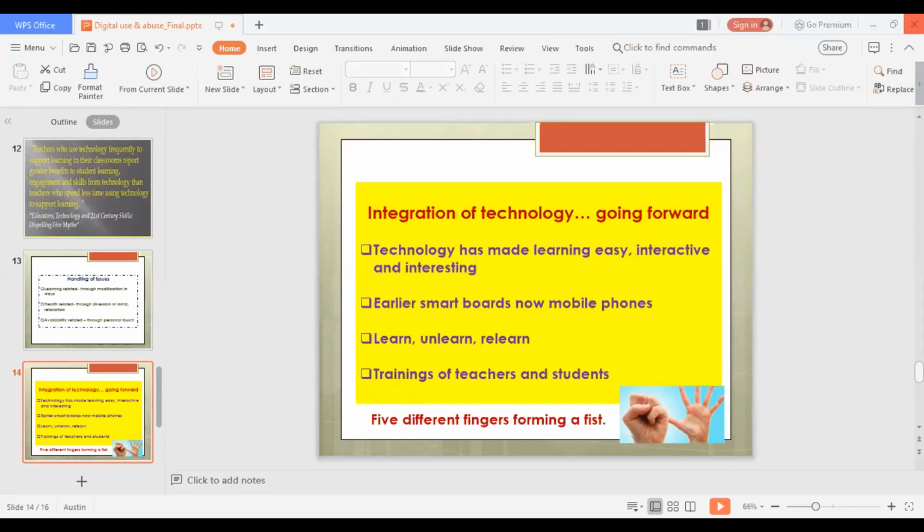We are trying to form a fist with 5 different fingers. We've been successful up till now, and we are thinking that we will be successful in the times to come also.